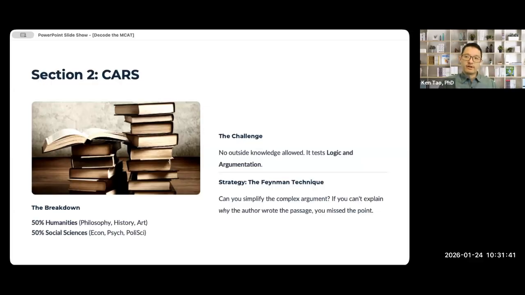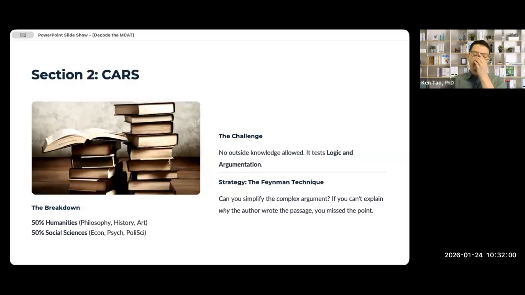So for a lot of students, sometimes they run into this issue where they think, well, there's nothing I can study for the CARS section. So there's nothing I can study, I'm just not going to study for the CARS section. And that's actually a really big mistake.